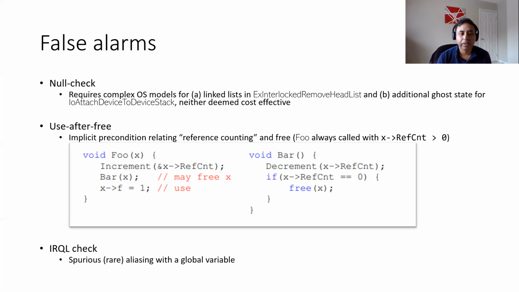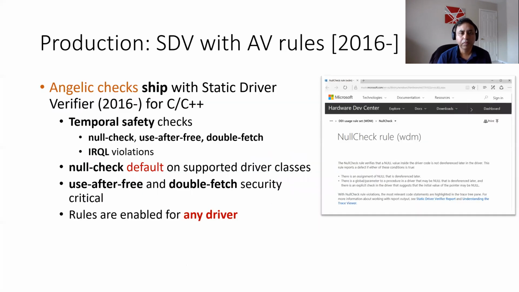And for IRQL check, we had one case where there was a very rare aliasing with a global variable that the alias analysis did not rule out. So again, it was just one example of these defects.